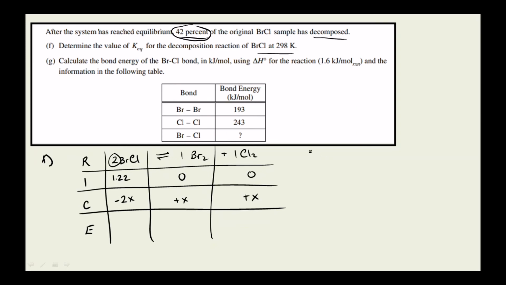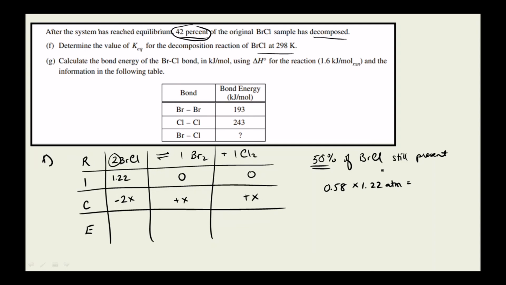So what does that tell us? That means that 58% of BrCl is still present. 42% has decomposed and 58% has not decomposed. So 0.58 times the original 1.22 atmospheres tells us the current pressure at equilibrium of the BrCl.